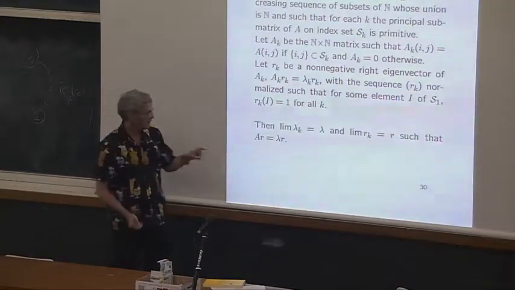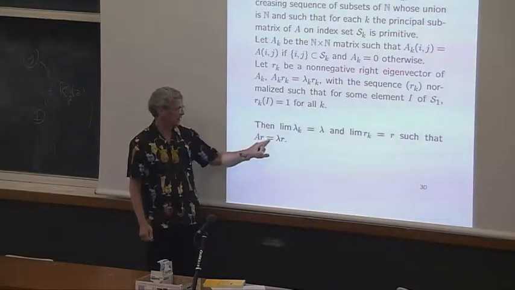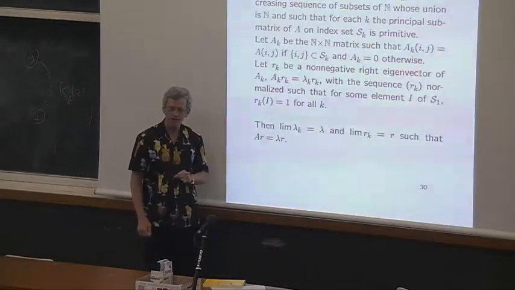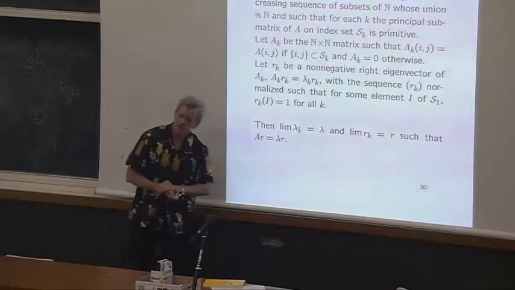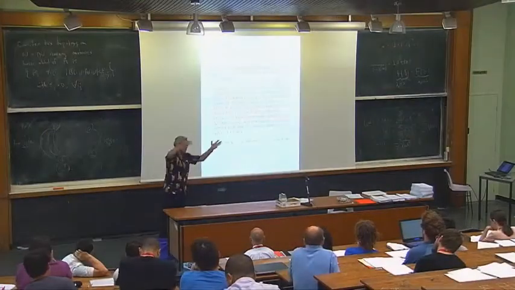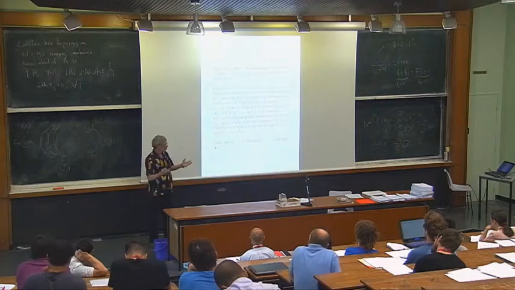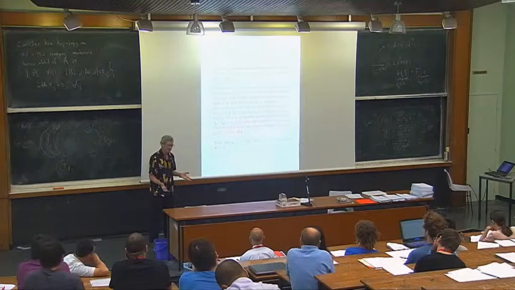But now, in the transient case, it's not that Ar is lambda r. Ar is less than or equal to lambda r, and Ar is not equal to lambda r. So if you were just approaching these infinite matrices in the most natural way, trying to do finite approximations, your proof wouldn't quite work. It would go wrong.